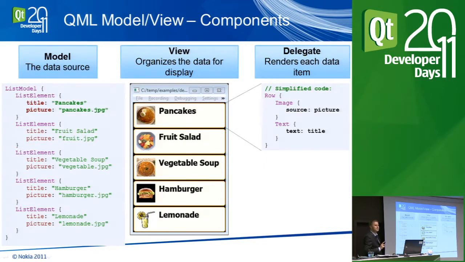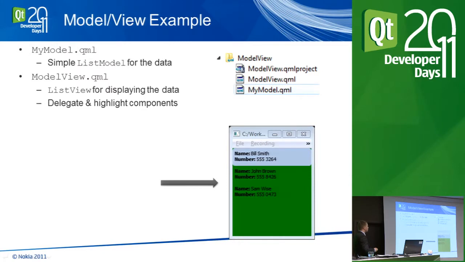So let's see some examples of using the actual view. We have myModel.qml, which is our model, just the model that we saw previously in a separate file. We have modelView.qml, which implements a list view for displaying data.